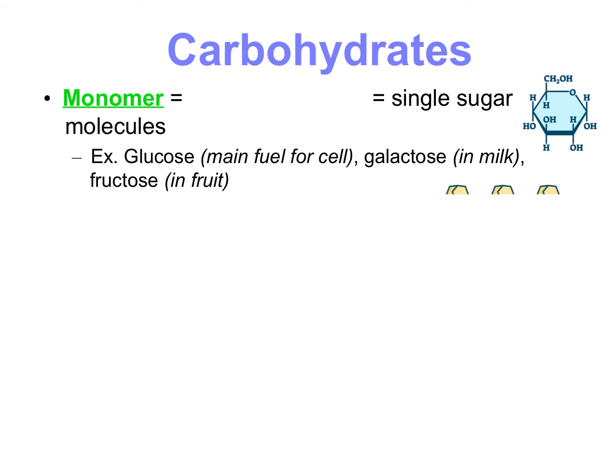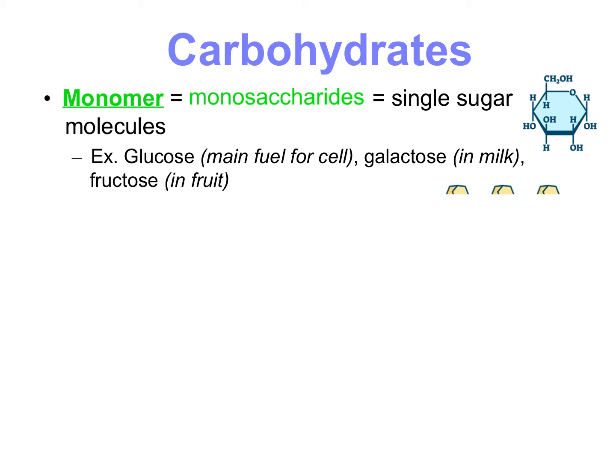So as we continue to talk about carbs, let's first talk about the monomer term used to describe carbs. And this is a really long word, but we call this single sugar molecule a monosaccharide.